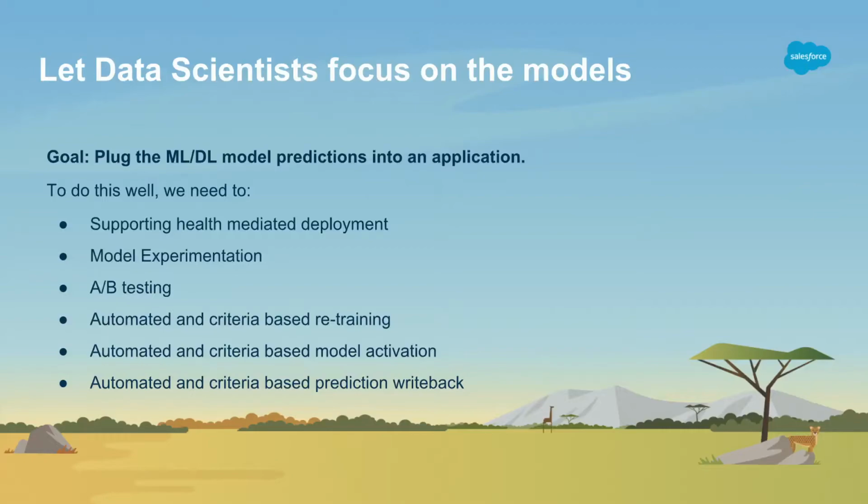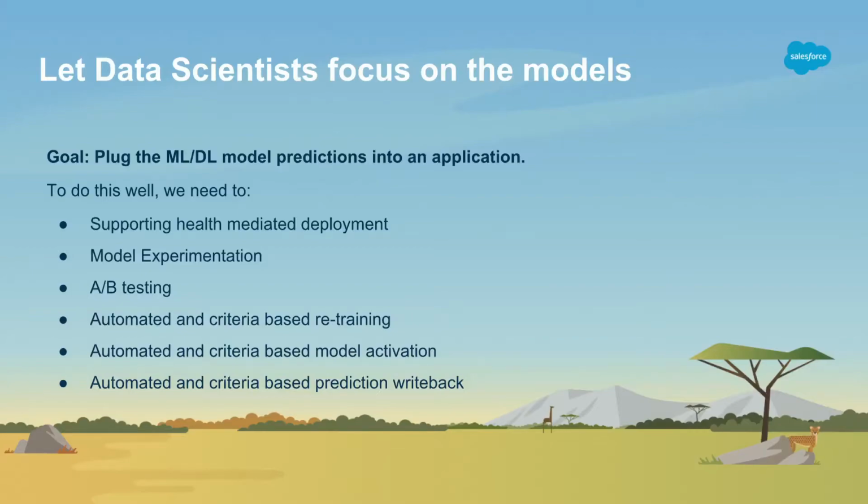So we have to support a lot of features like health-mediated deployment, meaning that if we try to push a new model as an experiment, and it performs worse by some measure or set of measures, we don't want that to actually move to production. We have to have an experimentation framework where we can do these comparisons across the historical set of models that we've created, and also be able to push multiple models.